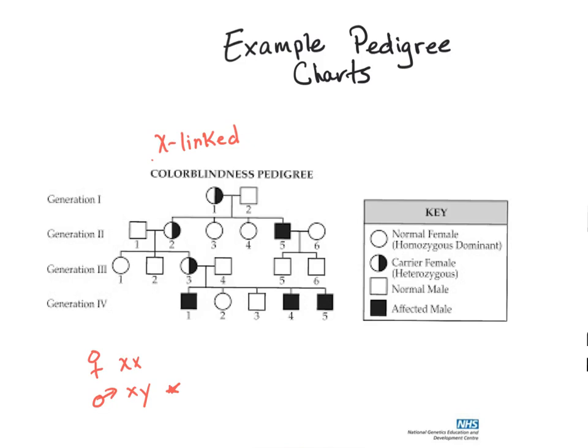Females are only affected if they get both defective X alleles, which does happen, but it's pretty rare. So you normally see X-linked conditions showing up in the males, again, because they only have one X chromosome. If they get the colorblind allele, they're going to be colorblind. If a female gets the colorblind allele but one normal allele, she'll have normal color vision.